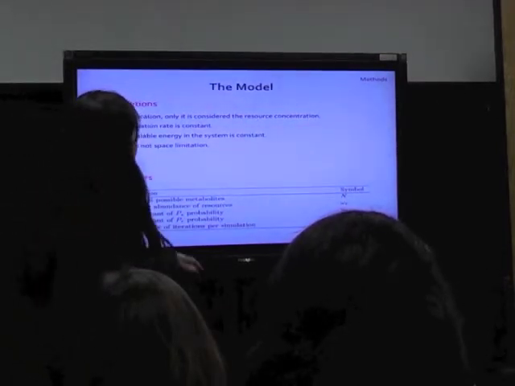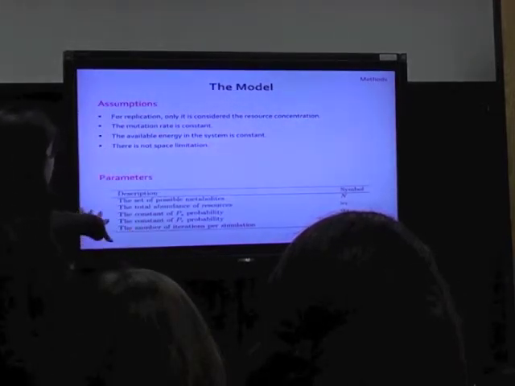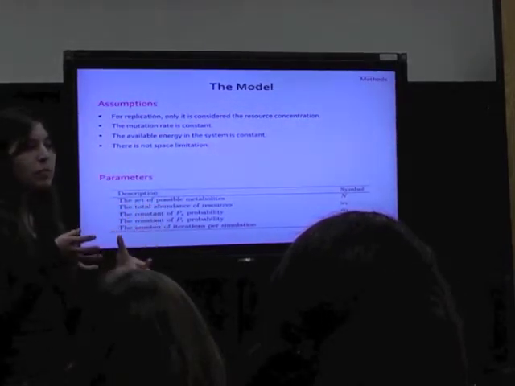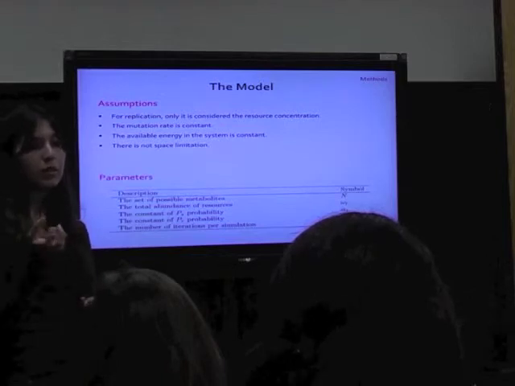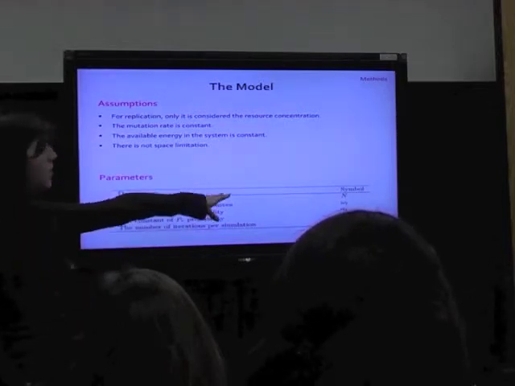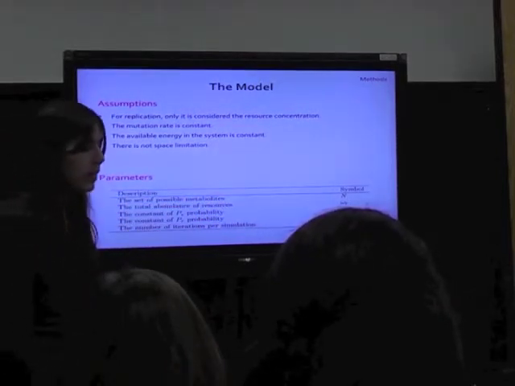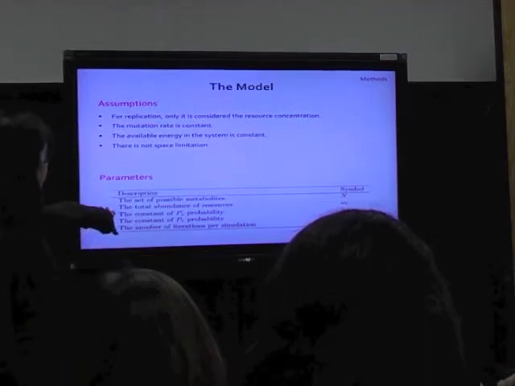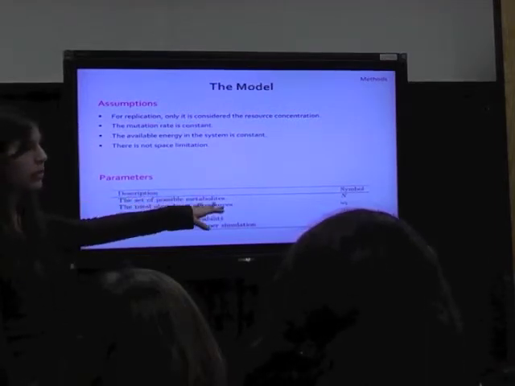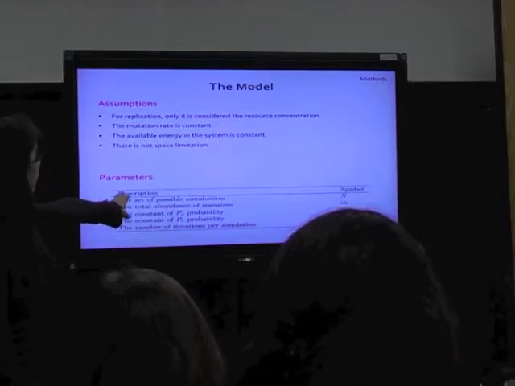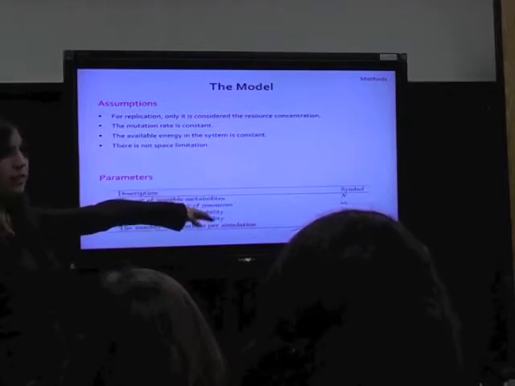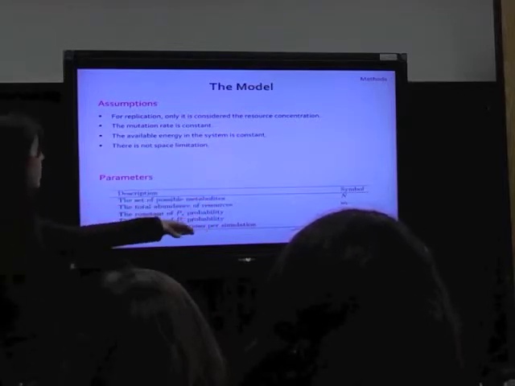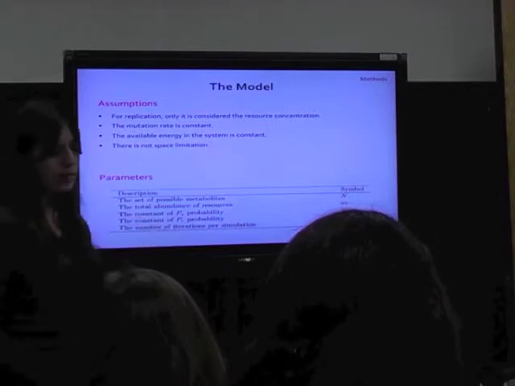As for the parameters, we have a limited pool of possible metabolites, and that value is n. And we start with a total abundance of resource at the beginning, the constant that defines the probabilities, and the number of iterations.